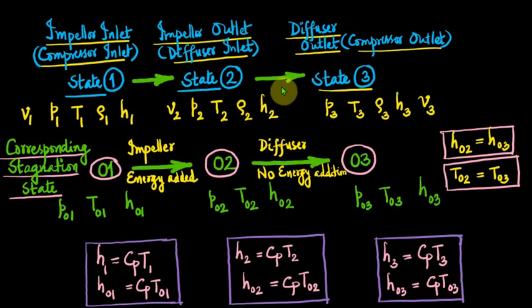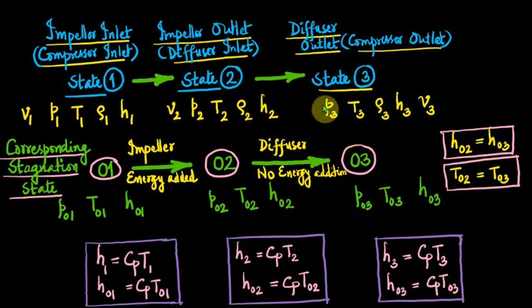At state 2, the corresponding properties are the absolute velocity of air at the impeller outlet V2, static pressure P2, static temperature T2, mass density ρ2, and specific enthalpy at impeller outlet or diffuser inlet, H2.